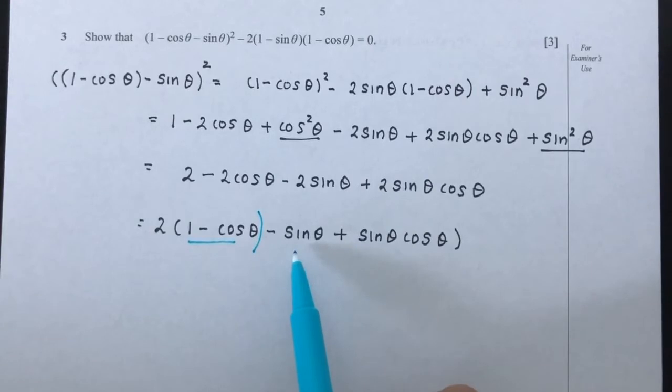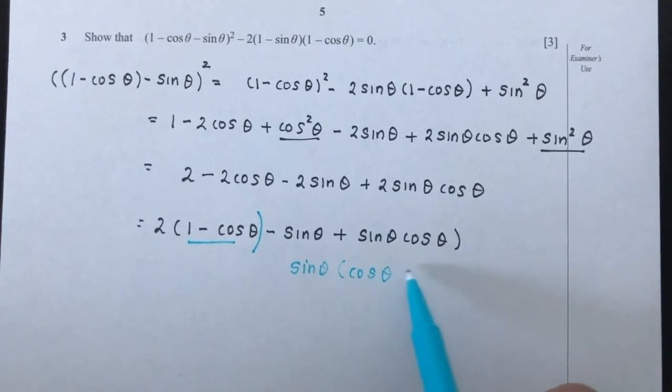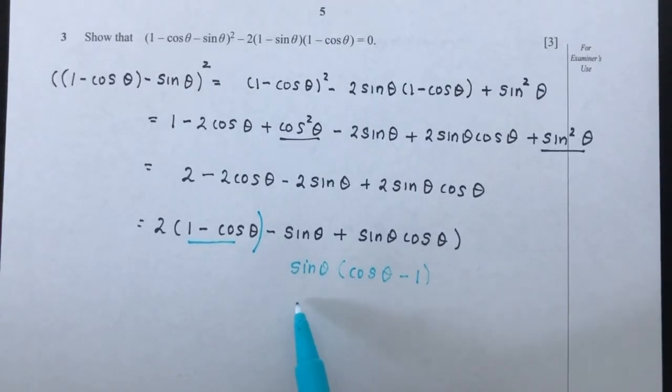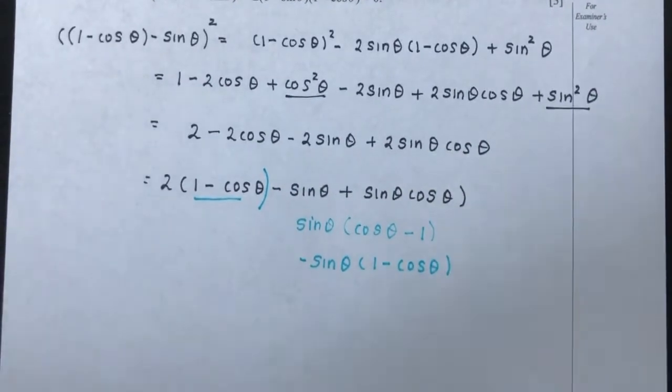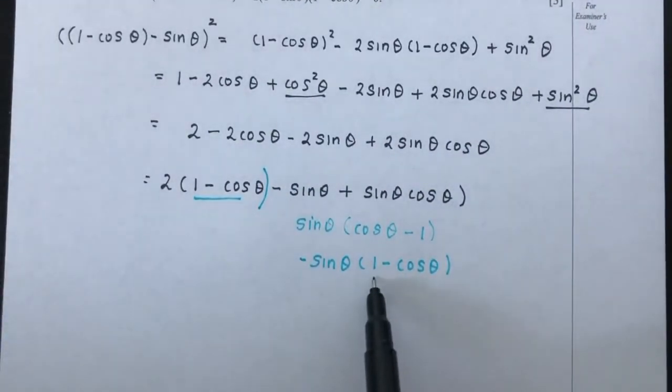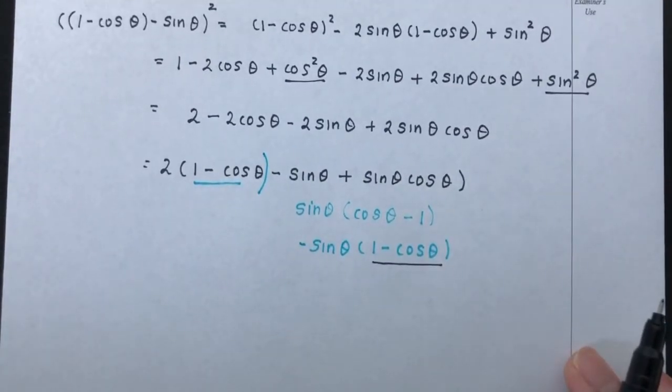If you take out the value of, let's say, sine theta, you will have cos theta minus 1, for example. Now we can take out the minus 1 outside. You will have minus sine theta, that will be 1 minus cos theta. So basically this thing became this thing. Now if you observe, this and this are the same, so we can also factorize this out.